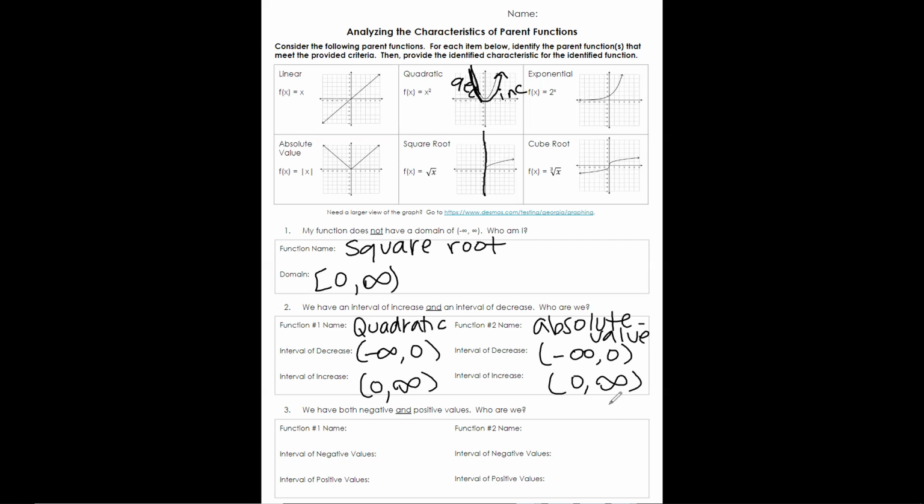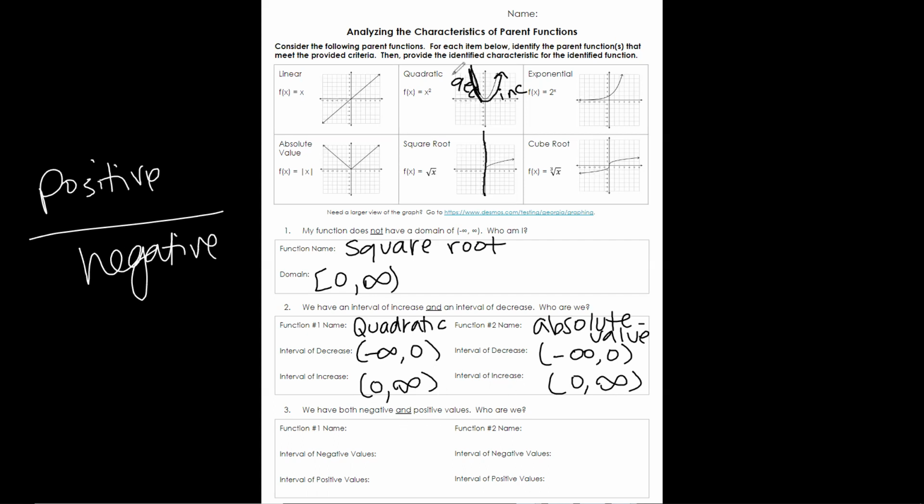Next one might have tripped you up a little bit. Negative and positive values. If you are positive, you're going to be above the x-axis. If you're negative, you're going to be below the x-axis. So we're looking for something that has both positive and negative. So it's above the x-axis and it's below. Which one does that happen on?